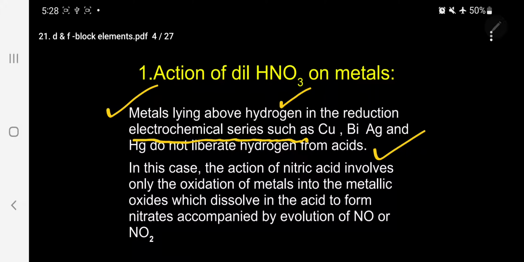In this case, the action of nitric acid involves only the oxidation of metal into metallic oxides, which dissolve in the acid to form nitrates, accompanied by evolution of NO or NO2. This is the common reaction, please follow, with nitric acid.